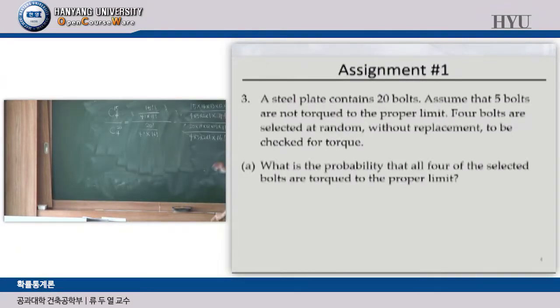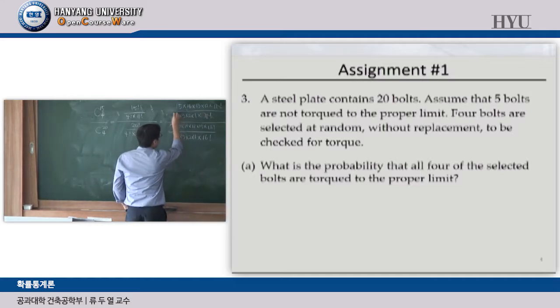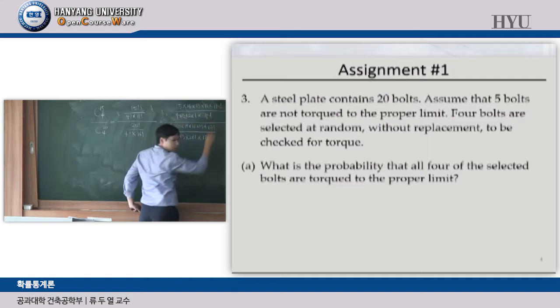So 11 factorial can be eliminated first. And 4 times 3 can be eliminated by dividing 12.